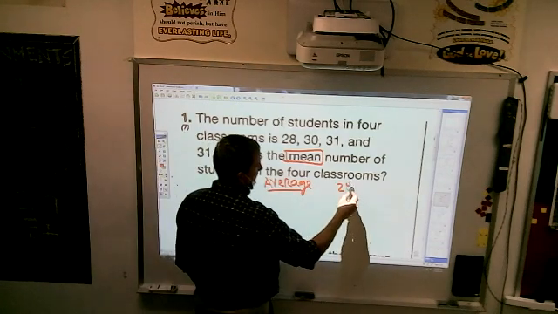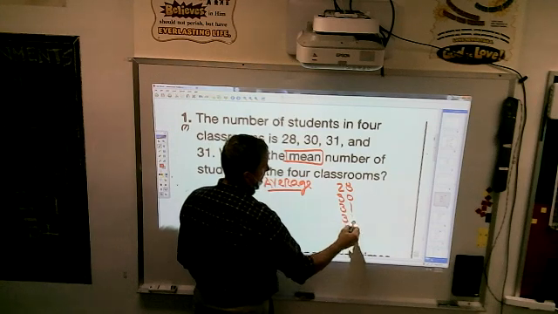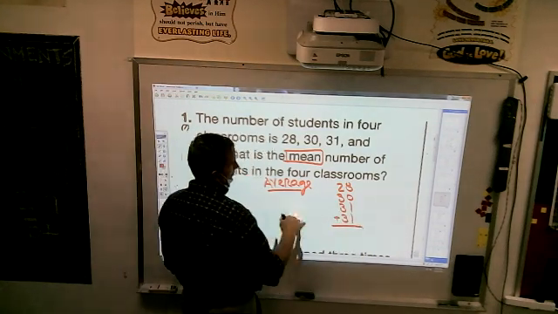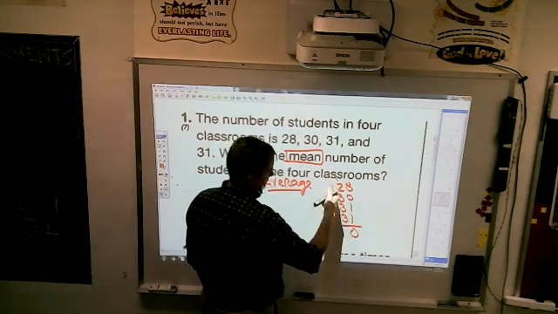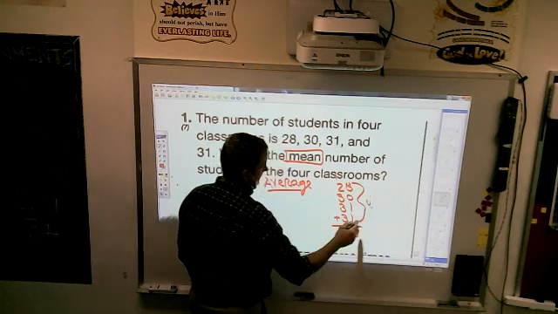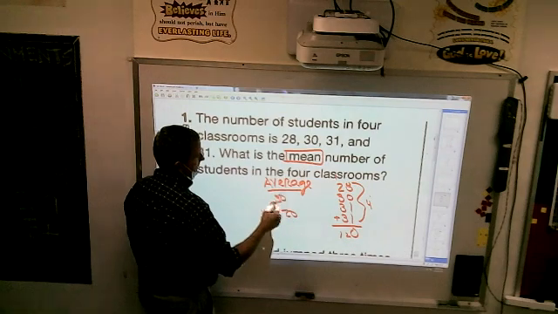Which means you add 28 plus 30 plus 31 plus 31. Oh, I didn't know there were two 31s. Yeah, which gives you 120 total. There's four numbers there. So 120 divided by 4, you get an average of 30.